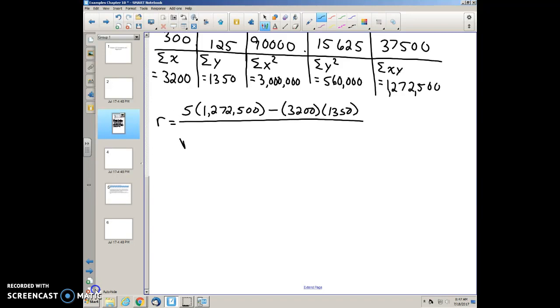Now our denominator is broken up into two parts, two square roots. So first, under the square root, we have n, so it's 5, times the sum of x squared. So that's the third column. Minus, then it says the sum of x in parentheses squared. So that's the first column total squared.